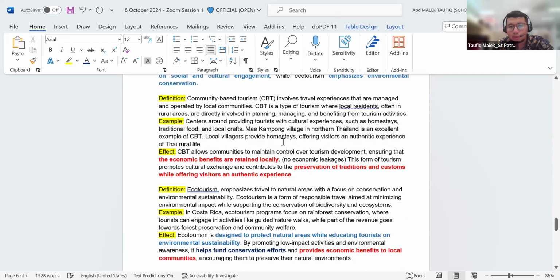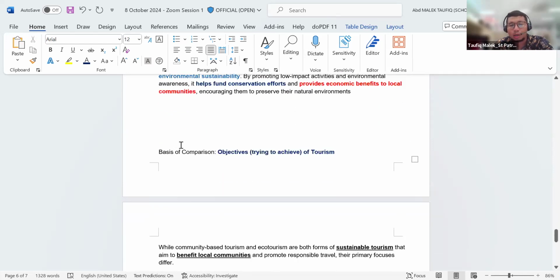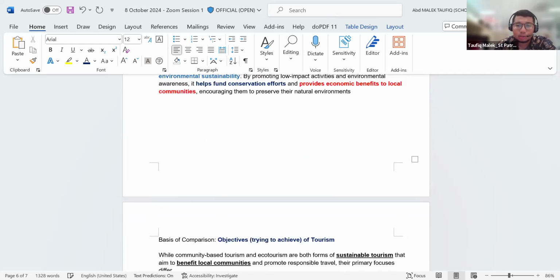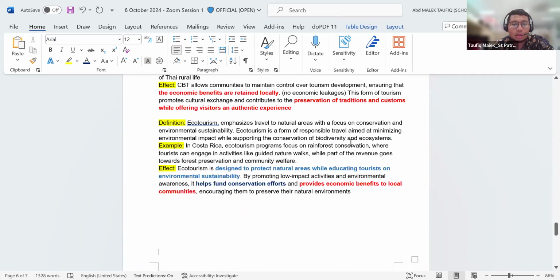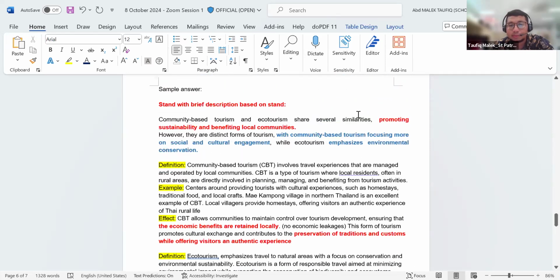So when you do your revision and your basis of comparison, or you want to come up with your own answer between CBT, ecotourism, and tourism, then you can send it to me. Then me and Melissa can read through and see whether it's good enough. Okay? Any questions? One minute for questions.